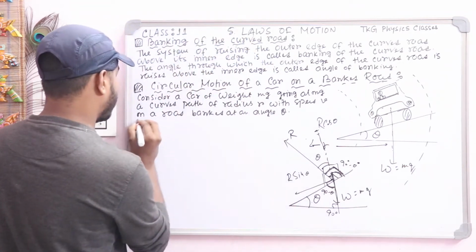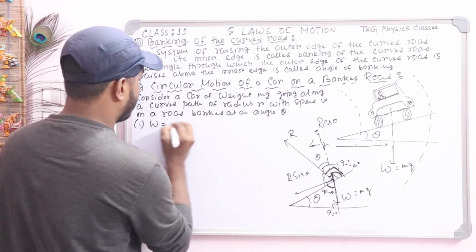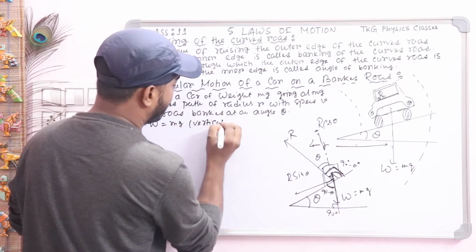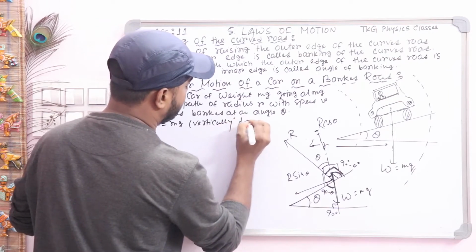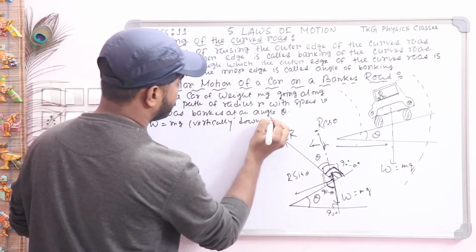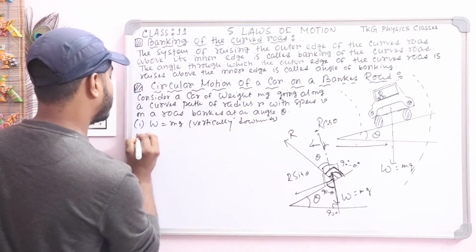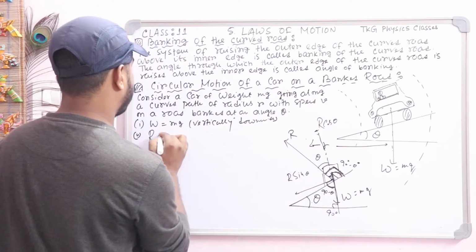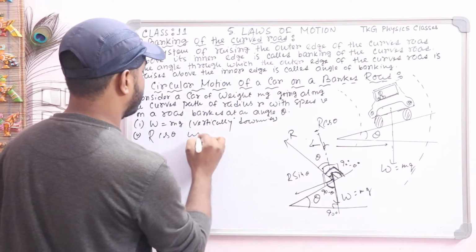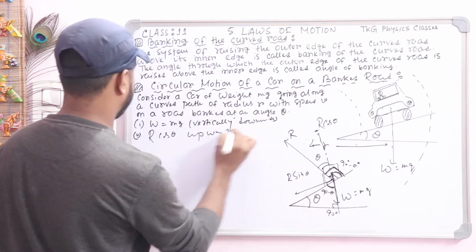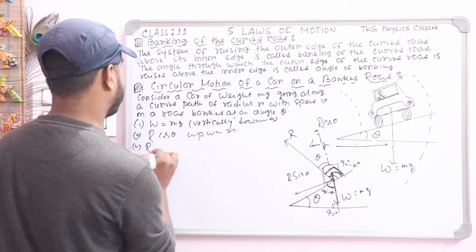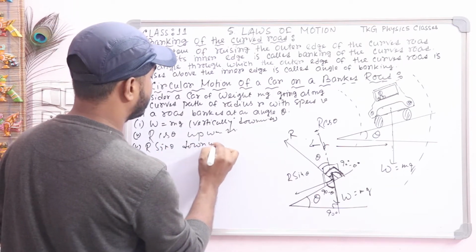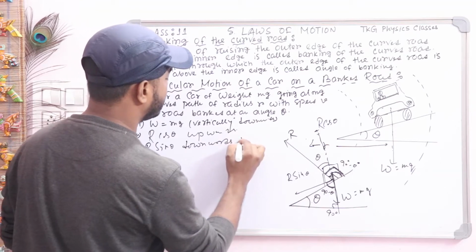Force one is the weight mg, vertically downward. Force two is R cos theta upward, and R sin theta downward along the inclined plane.